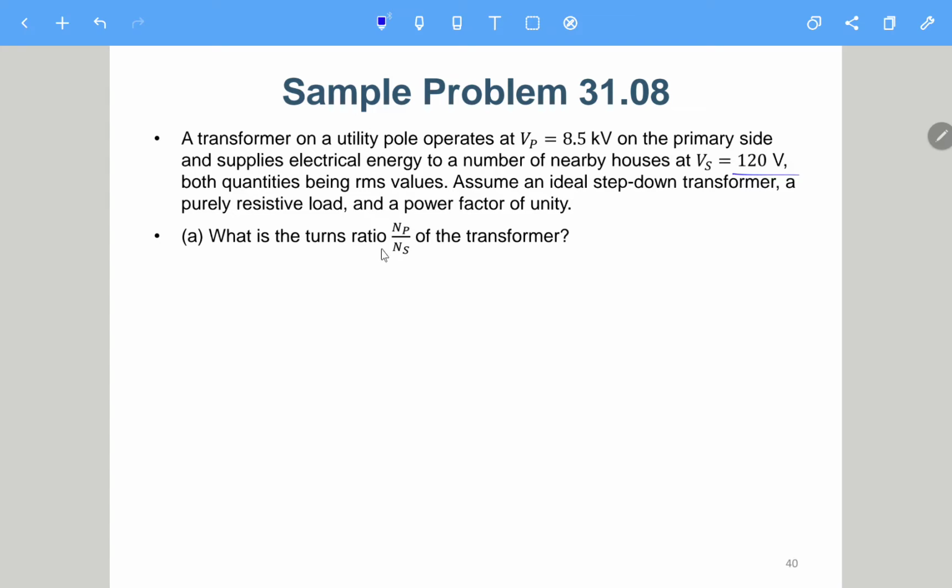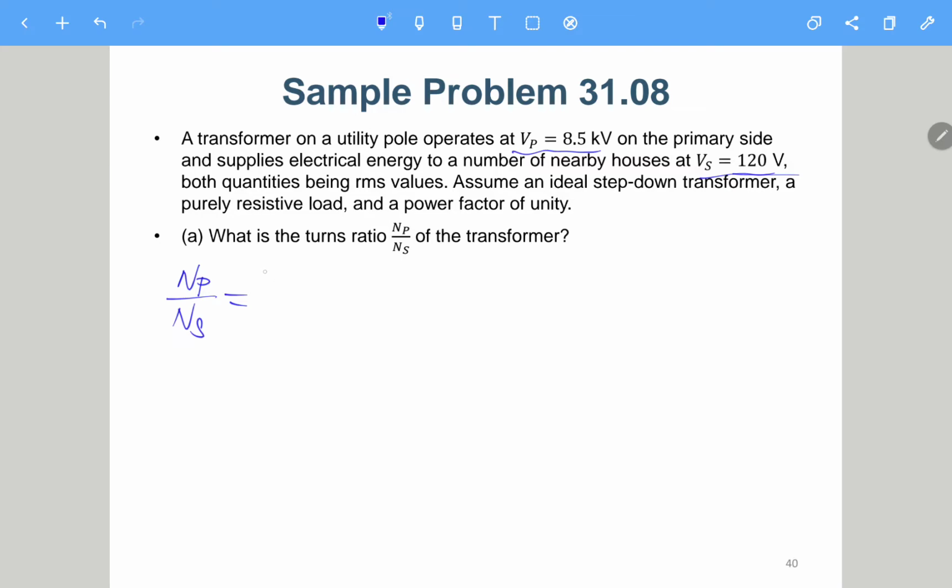Okay, so this is easy to calculate for Np over Ns, because we already have Vp and Vs, and the number of turns is proportional to the voltage.